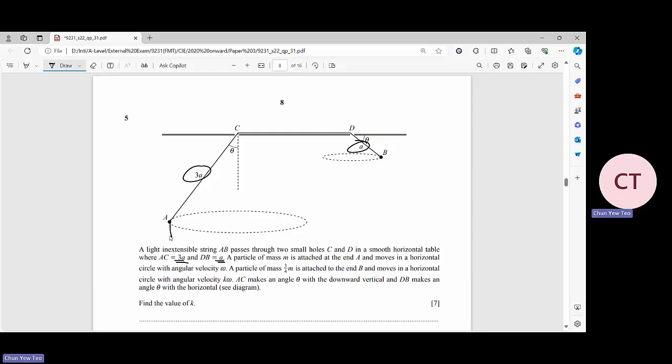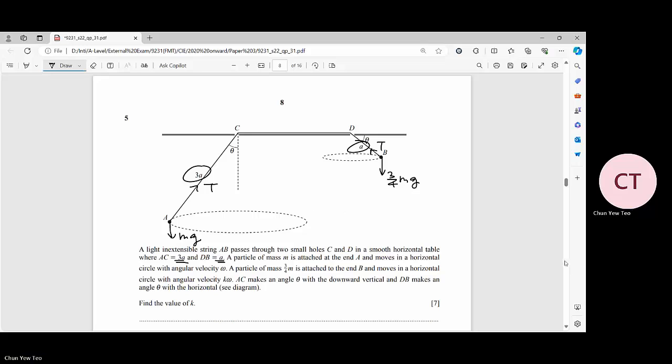This is m, so the weight over here is mg. And then the particle of mass B is 3/4 m, so this will be 3/4 mg. Okay, and they are sharing the same tension.